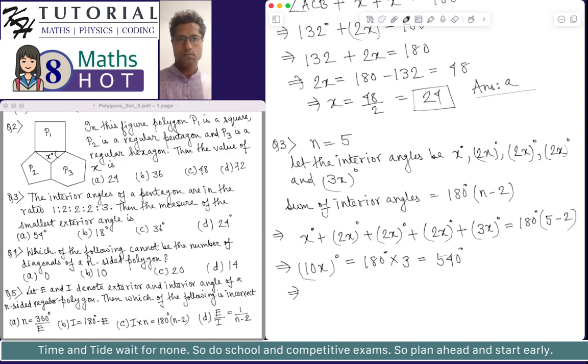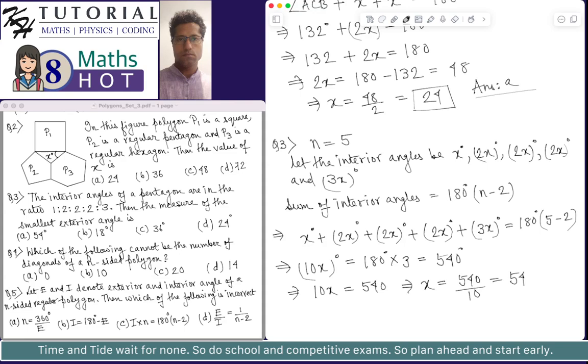If we ignore the degree, we get a linear equation in x, that is 10x is equal to 540. This implies x is equal to 540 divided by 10, which is equal to 54.